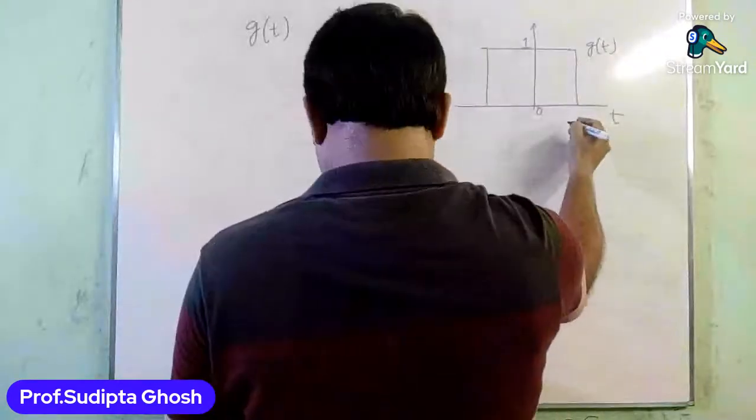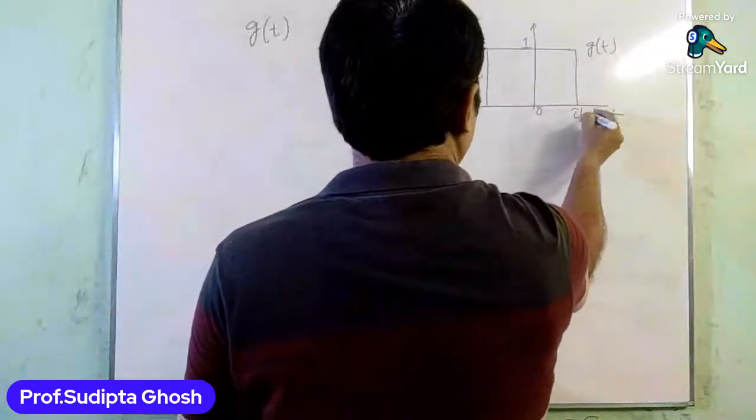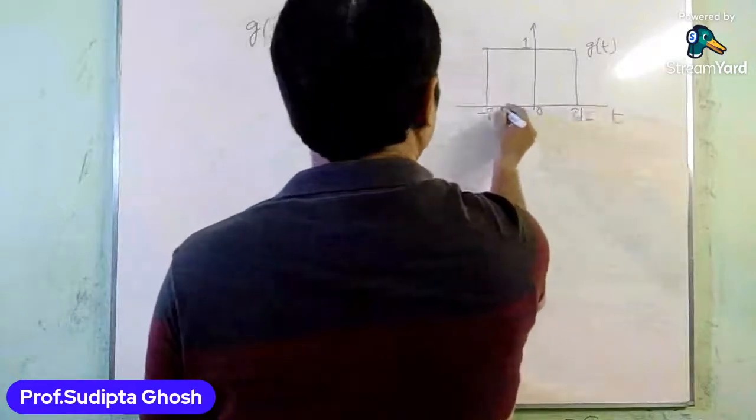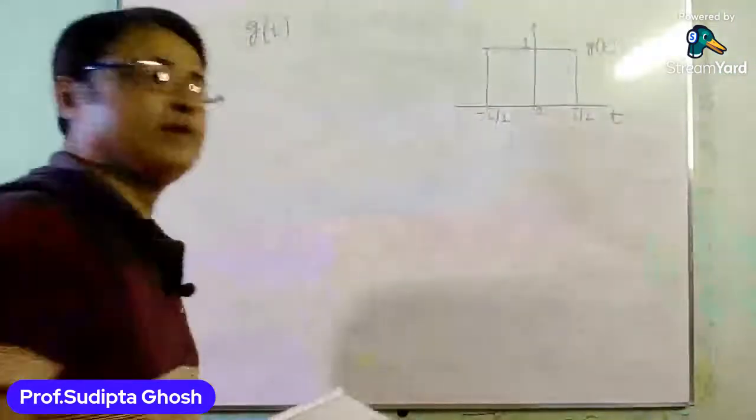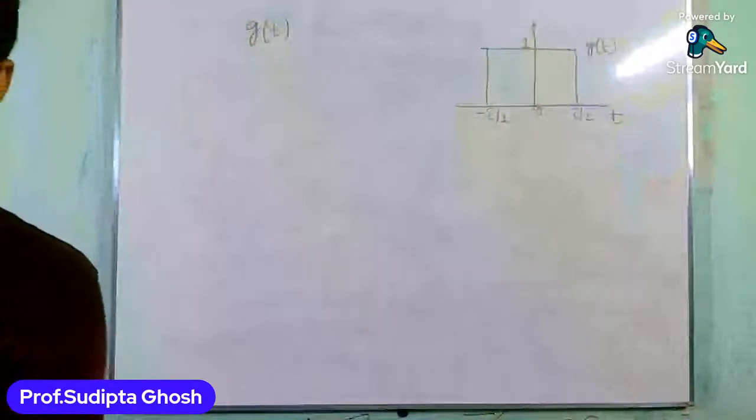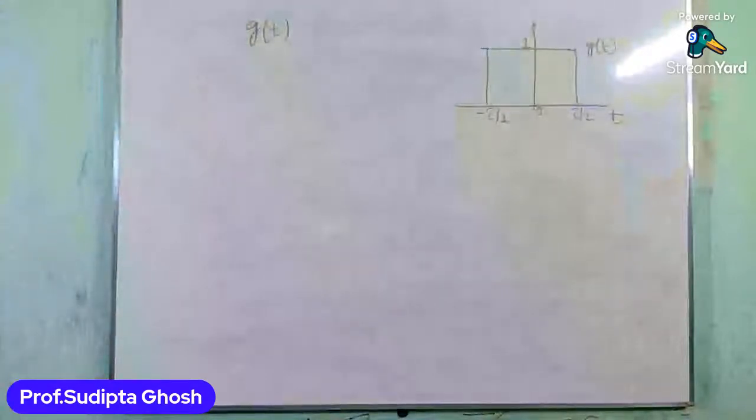This is 0, this is τ/2, and this is minus τ/2. Actually this is known as the gate pulse, but as the function is of rectangular form, it is also known as the rectangular function.